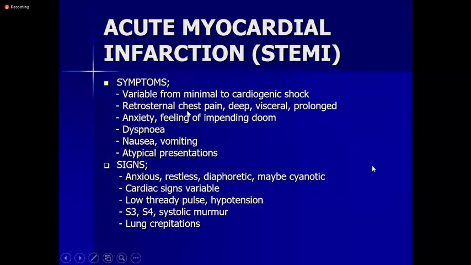The typical symptom again is retrosternal chest pain, just like I mentioned for stable angina, which is usually deep, it is visceral, and like stable angina, it will most often occur spontaneously and persist. It is prolonged because this is due to the thrombotic obstruction we've talked about.